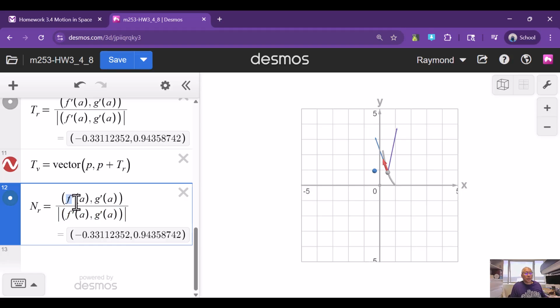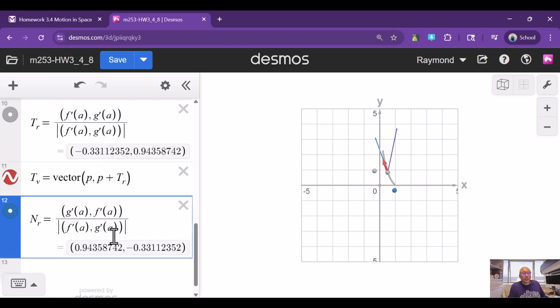So I'll make this into a G and this into an F, and then I will get another point here. Now the question is, do we want a minus sign in front of the F or in front of the G? So let's put it in front of the F for now.